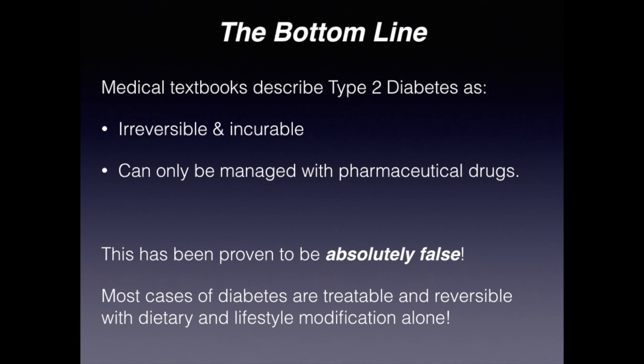It is true that it is chronic and progressive and irreversible with pharmaceutical drugs alone. But using a functional medicine approach, the vast majority of cases of type 2 diabetes are treatable and reversible with dietary and lifestyle modifications alone.